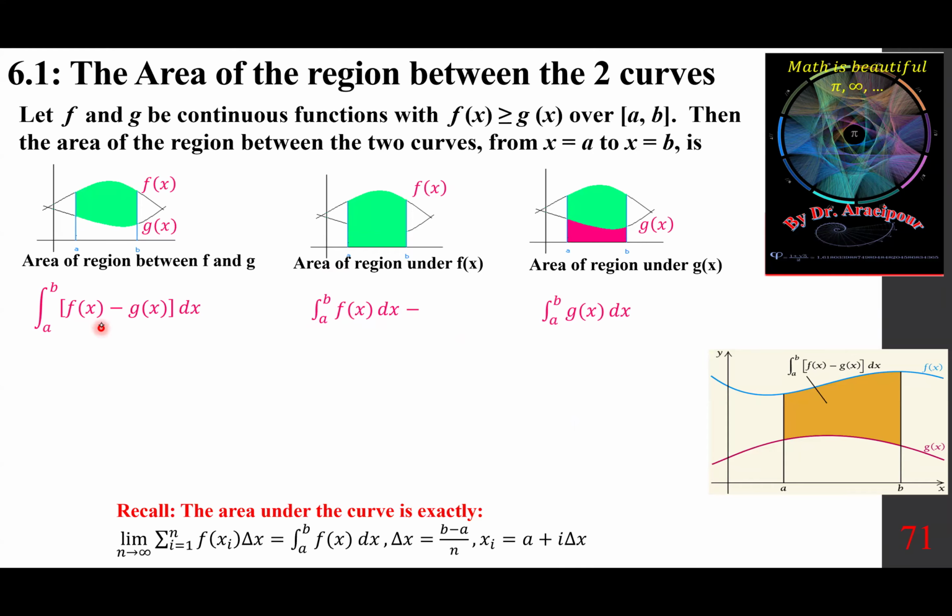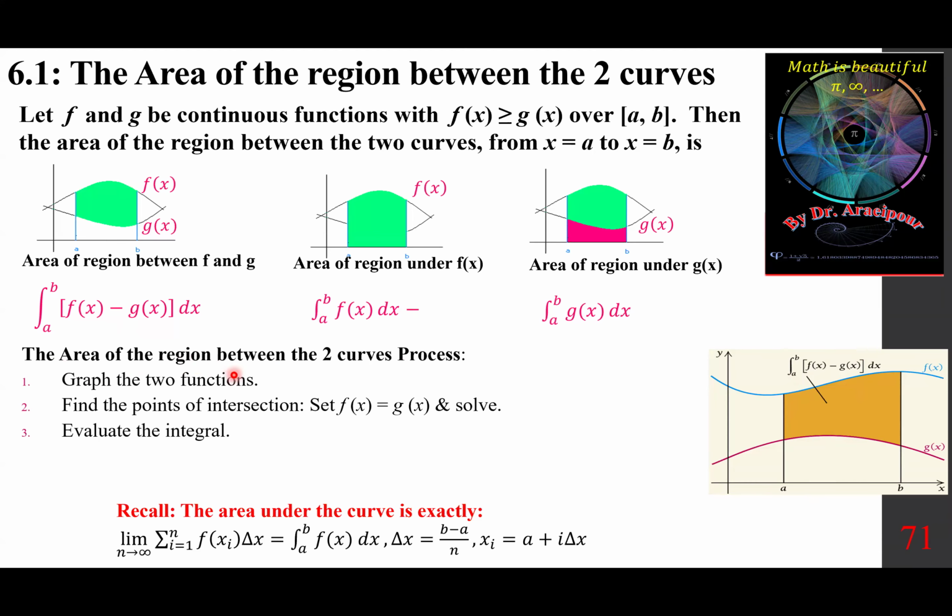Okay. So what does that mean? I want to make sure that we can handle this as we go through the process. So we have two functions. One is completely above the other, and we want to evaluate the area between the two. Okay. So what do we do?